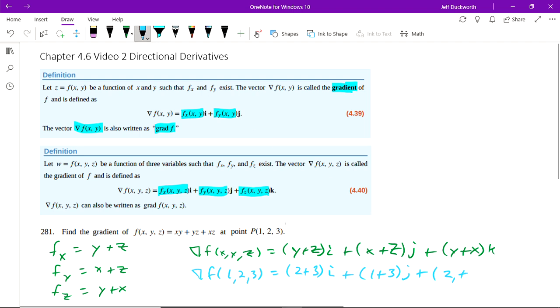Well, that should be a plus. All right, work that out. So ultimately that equals 5i plus 4j plus 3k, and that's what you have.